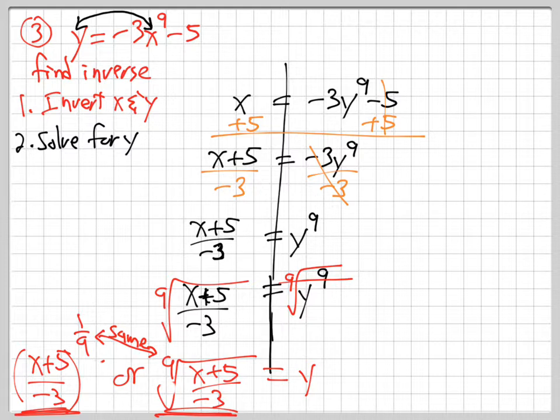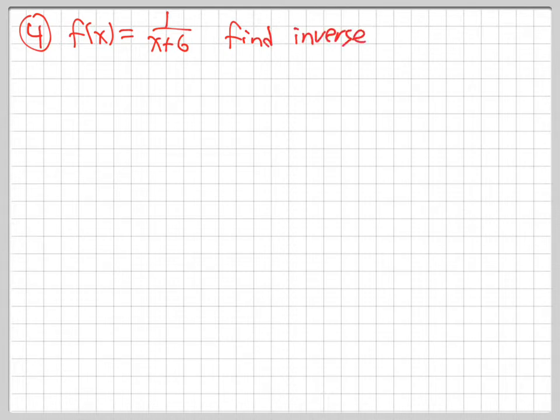All right, let's try number 4. Number 4 gives us f of x equals 1 over x plus 6, and they want us to find the inverse. All right, so you know step number 1, to invert, switch x and y.